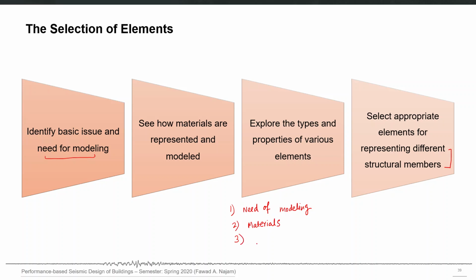The third thing is the element menu, what those elements are and what their behaviors are, which should be available to you, and then they will help you in selecting the suitable elements for your purpose. And the last thing is the dimensional hierarchy, which you should keep in mind before the selection of these elements.